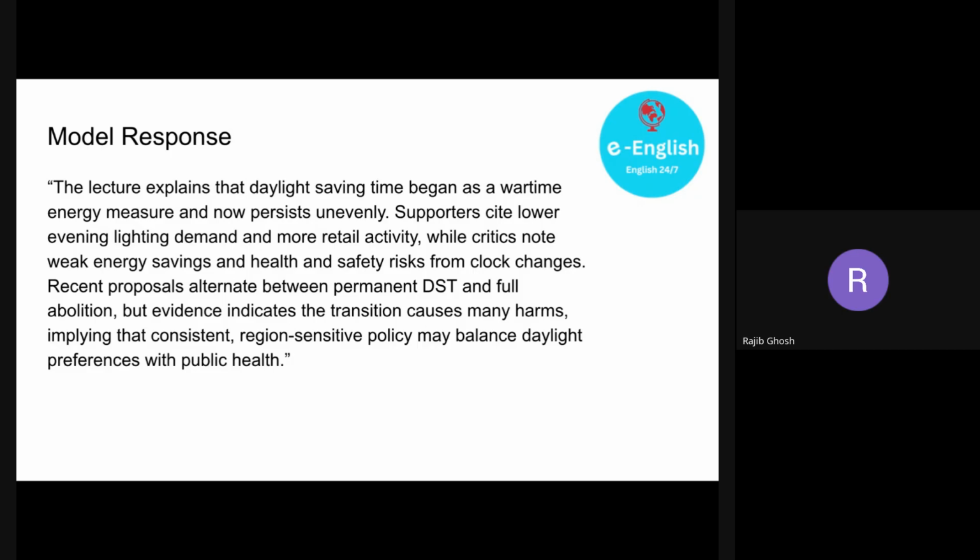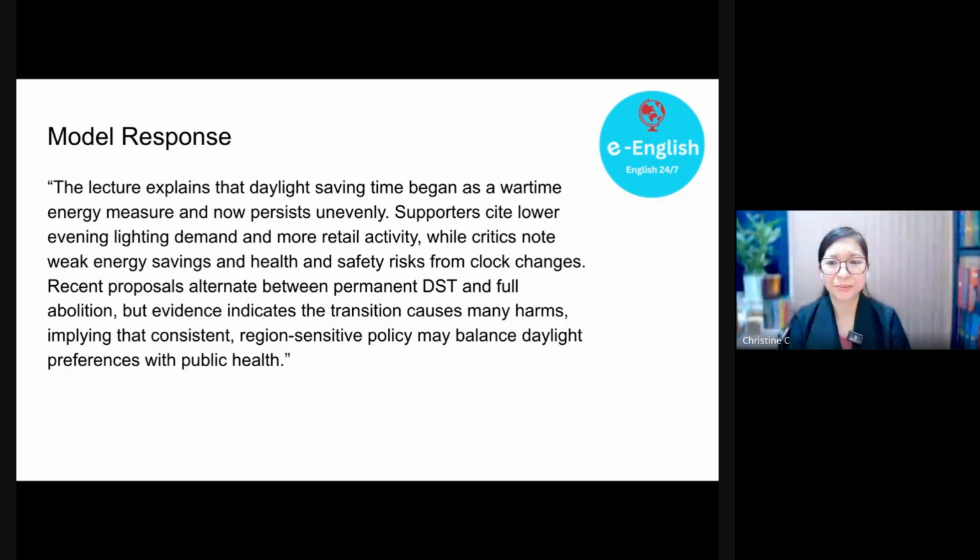Recent proposals alternate between permanent DST and full abolition, but evidence indicates consistent region-sensitive policy may balance daylight preference and public health.